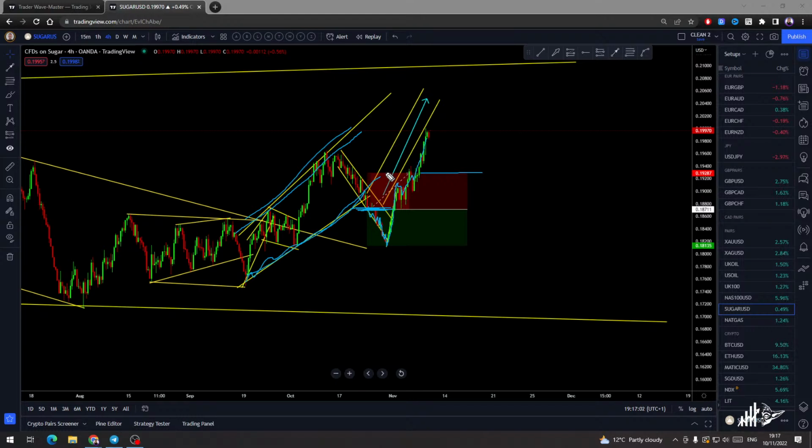I use exactly the same techniques, exactly the same rules on all time frames. It doesn't matter where I enter the market, the rules should be the same. I don't change it. What is different is that on lower time frames, charts and structures are just moving faster. That's all the difference.